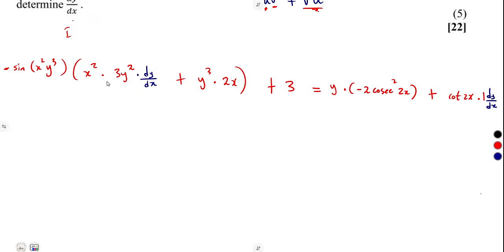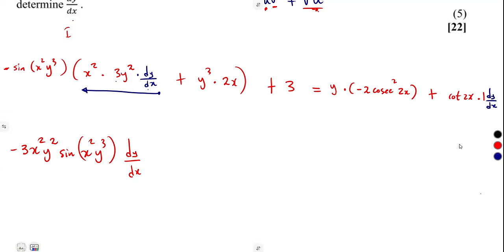If we are to multiply here, the first part is going to multiply the whole of this part here. That's negative times 3, which is negative 3x squared y squared. You take the sine as it is, sine of x squared y cubed, with dy/dx.